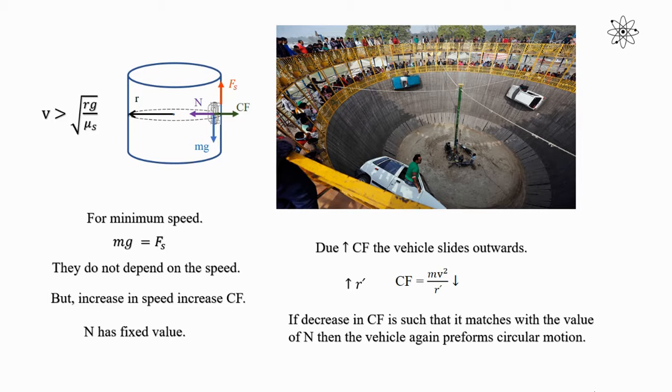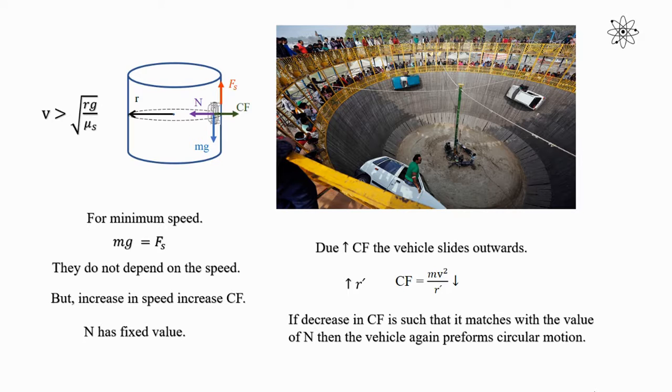Here what actually happened, student, is that because of the increase in centrifugal force, the inertial force increases, which does not get balanced with the normal reaction, which has a fixed value. So the centrifugal force tries to push the vehicle in the outward direction. Because of that, the radius gets increased. Due to the increase in radius, centrifugal force starts decreasing.